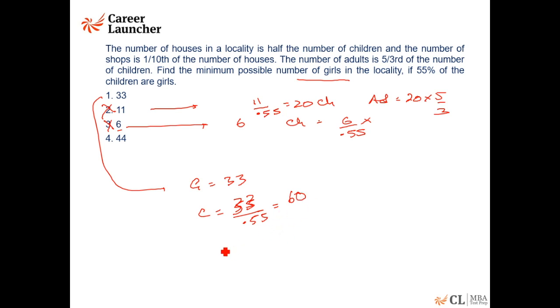So if children is 60, adults will be 5/3 into 60, 100. And then you can check out number of houses is half the number of children. So number of houses is perfectly fine, it is an integer, and number of shops is 1/10 number of houses, even that will be an integer.